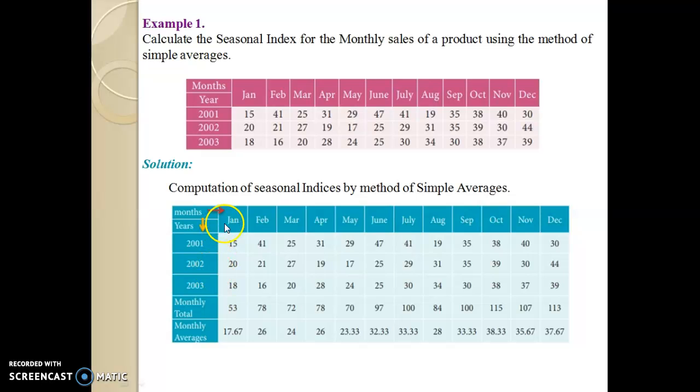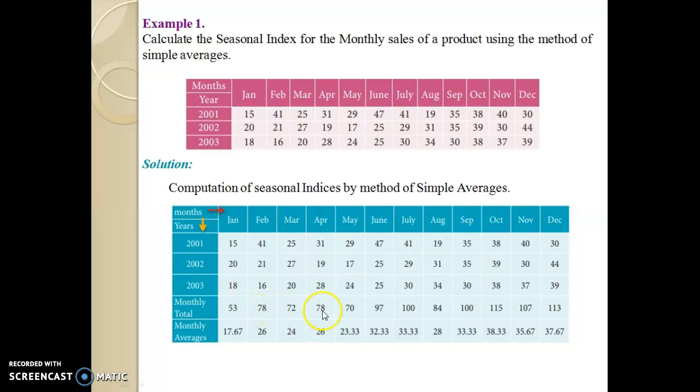In this solution, the monthly total of January for the 3 years, 15, 20 and 18, is the sum 53. Again for February, the monthly total of 3 years is 78.